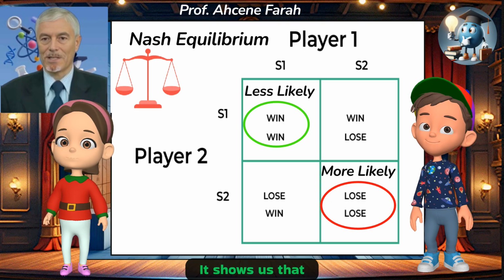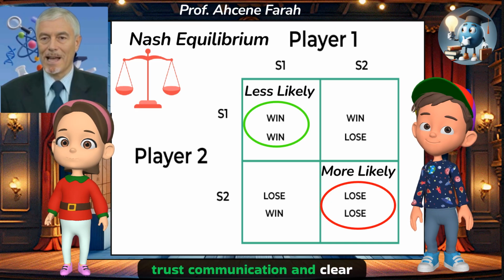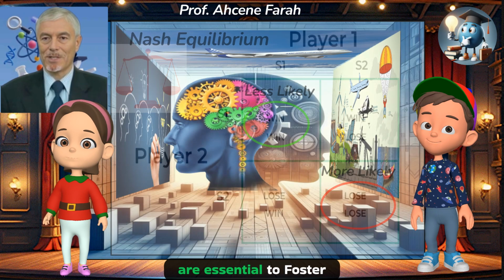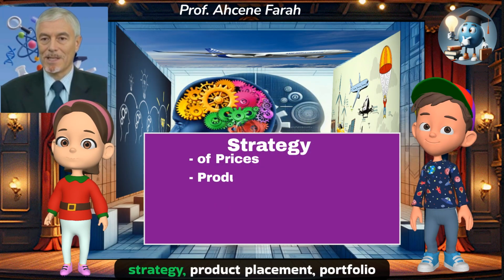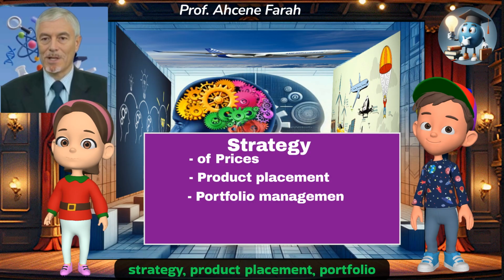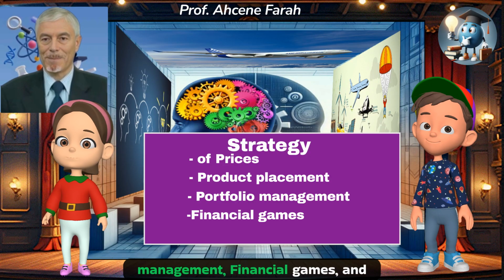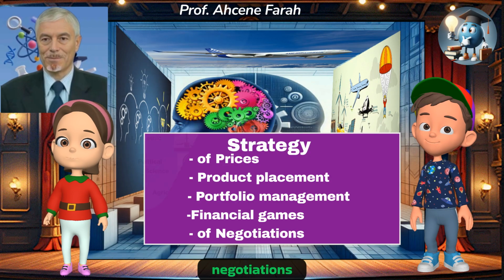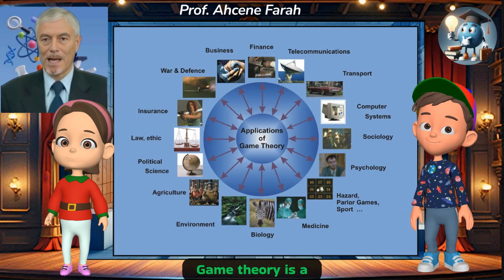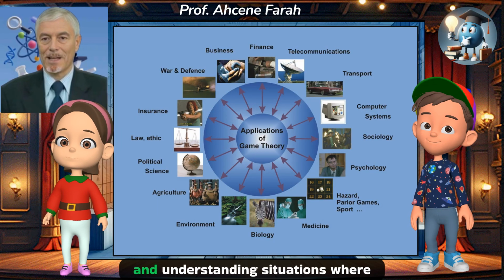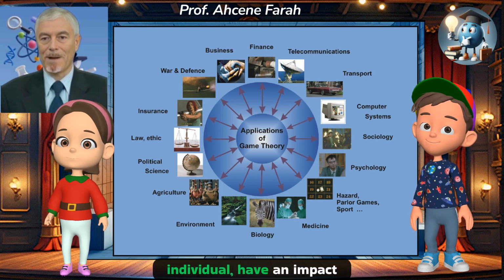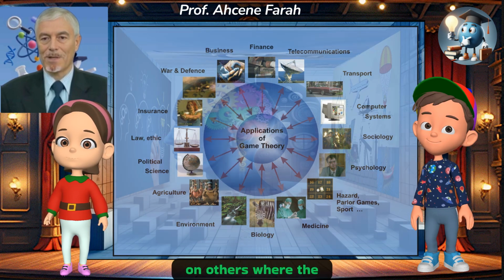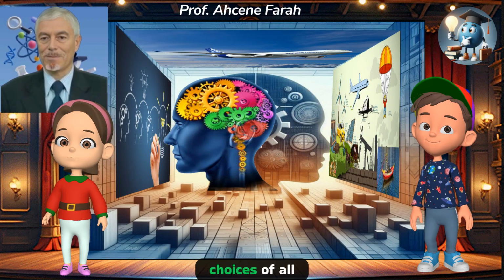It shows us that trust, communication, and clear rules of the game are essential to foster economic cooperation in pricing strategy, product placement, portfolio management, financial games, and negotiations. Game theory is a powerful tool for analyzing and understanding situations where the decisions of one individual have an impact on others, where the outcomes depend on the choices of all.